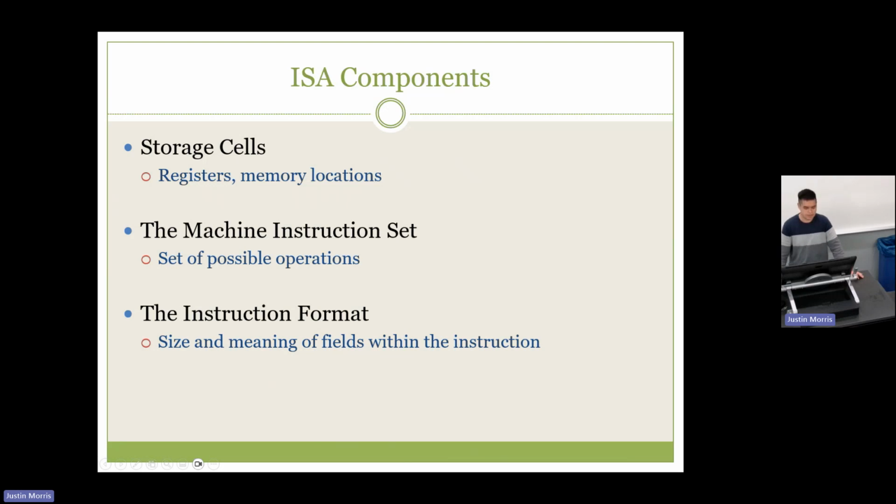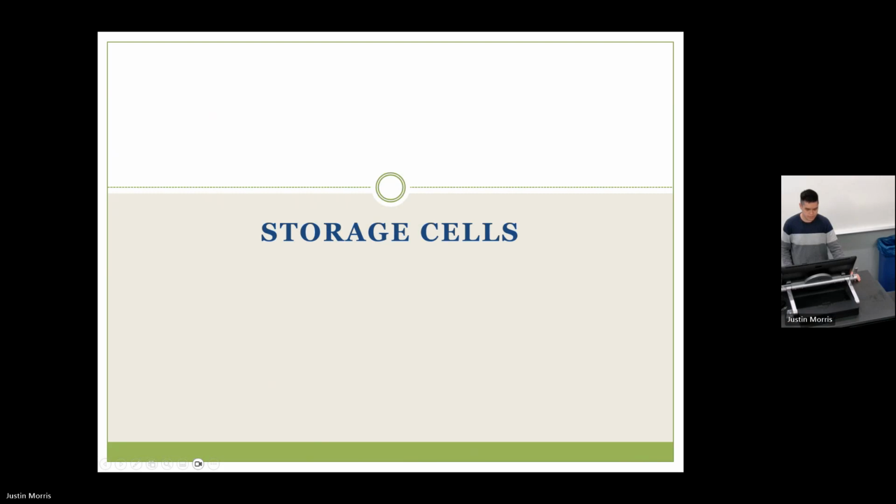Can you do bitwise AND, can you subtract, divide, things like that. And then for those possible set of instructions, what are the different formats that you're expecting? So what are the sizes of the instructions? How many different fields go into an instruction? And what are the sizes of the types in the instruction? Right. We're going to start with the storage cells.